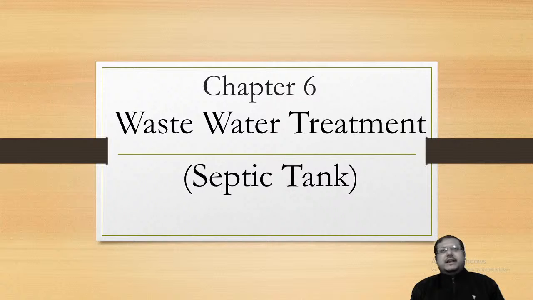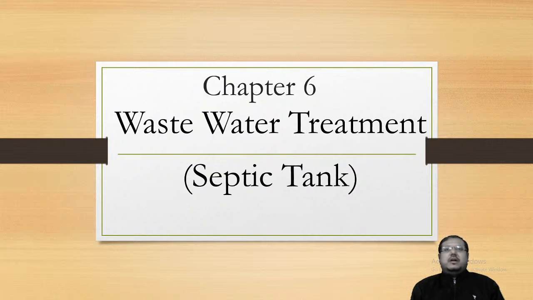Then we saw the trickling filter. Then we saw the oxidation pond, and also how to deal with the sludges or settled solids coming from this biological treatment unit. That is called the sludge digestion process. Also, we have seen that sludge digestion process is essentially an aerobic process in nature.